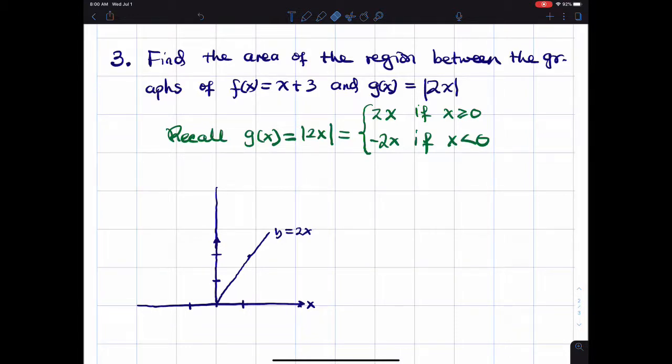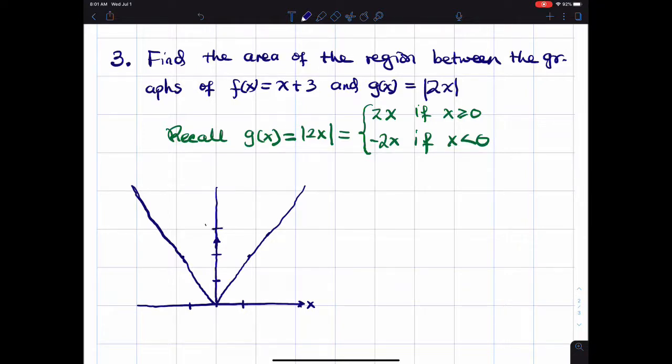Oh no. Draw it like this. Draw it like that. And then go, oh shoot. And then, oh no. Go like that. Okay. You guys can see I'm struggling a little bit with this, but it's okay.